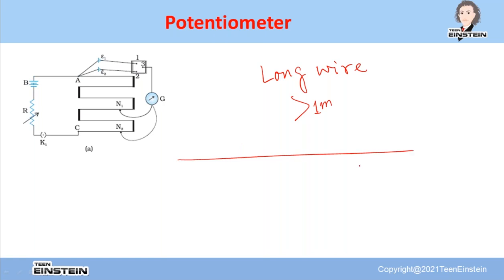But in this case, the whole wire is not connected in the circuit. How is it connected? They have just cut the wire in equal parts, maybe many parts. Okay, they will cut the wire into certain lengths, suppose L, everywhere the same length.